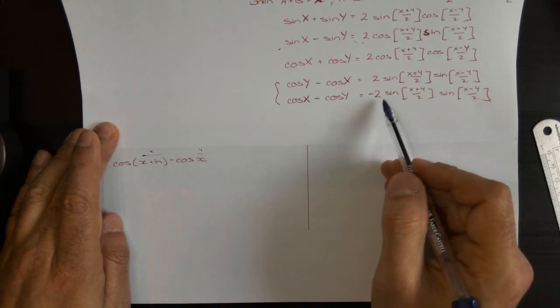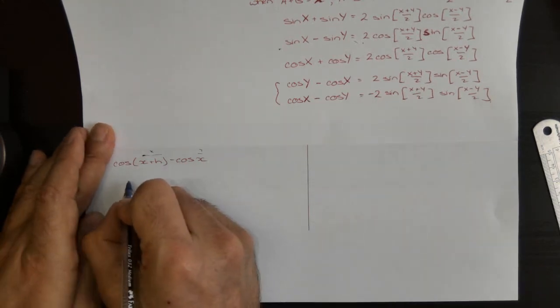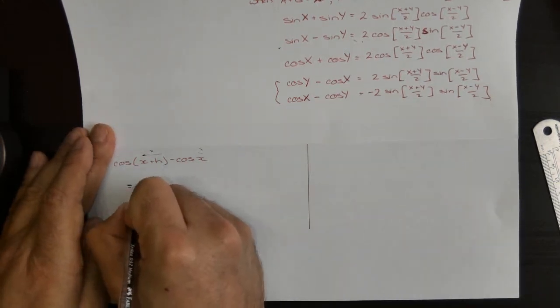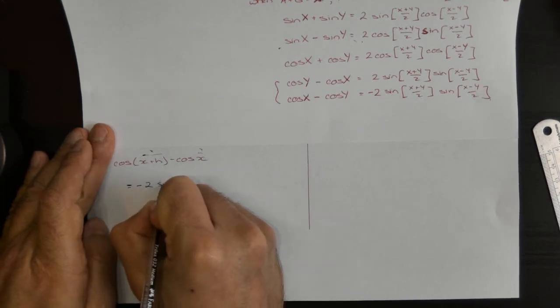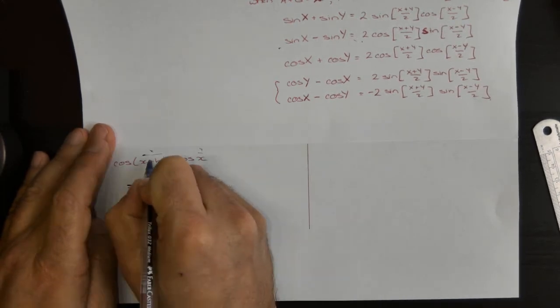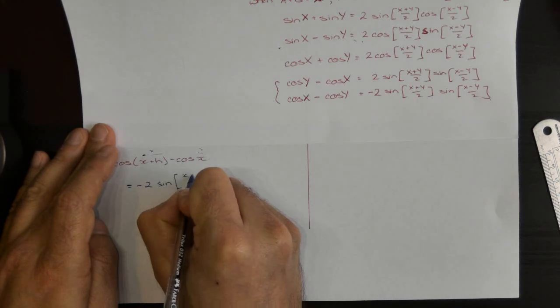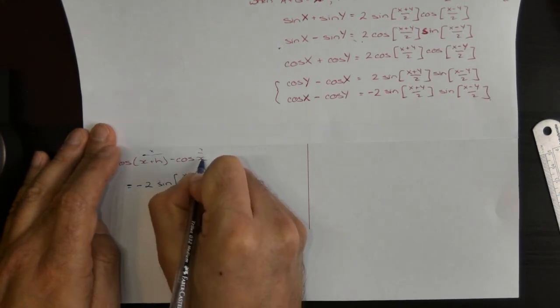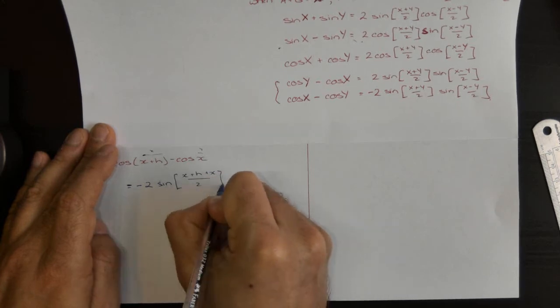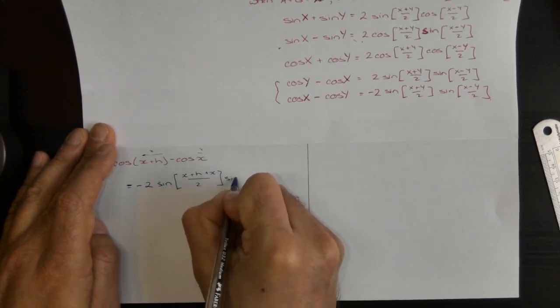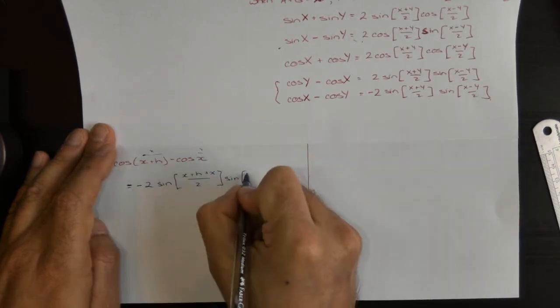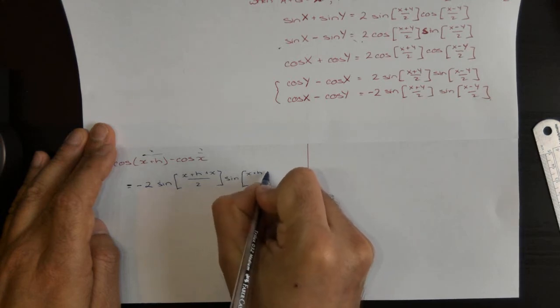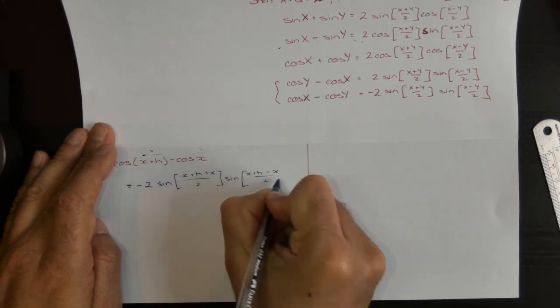If we did it the other way, we'd actually get a negative. So this is equal to negative 2 sine of (x plus h plus x) over 2, sine of (x plus h minus x) over 2.